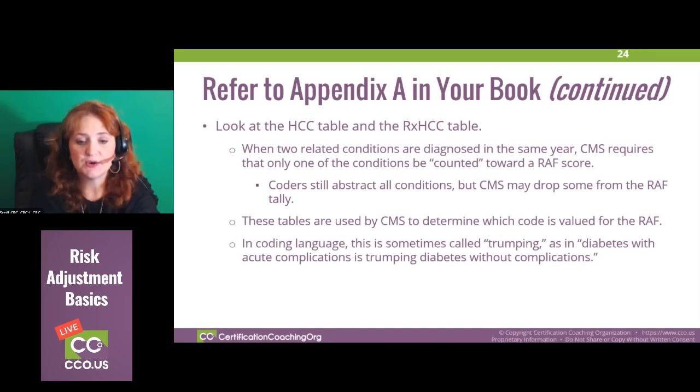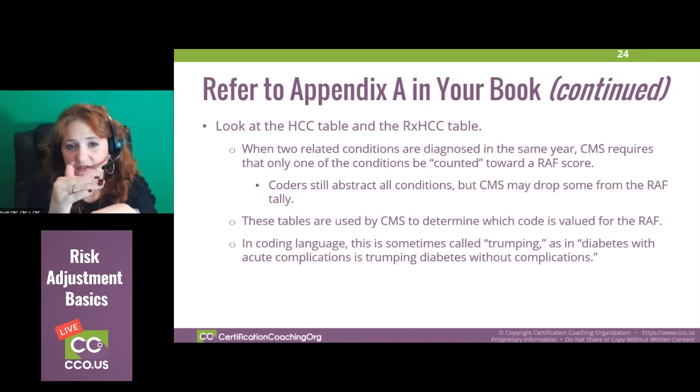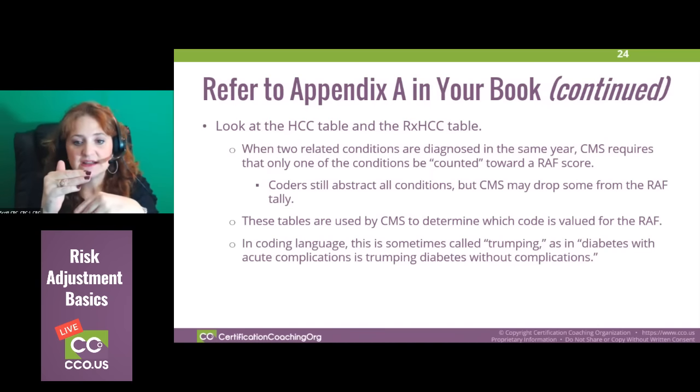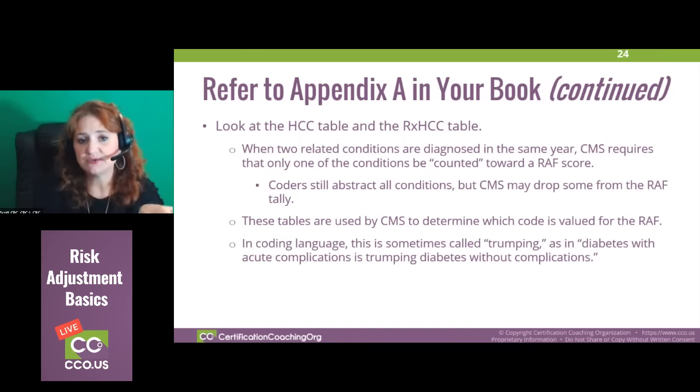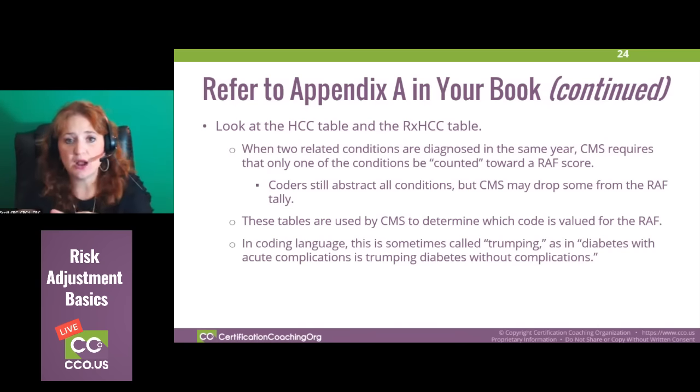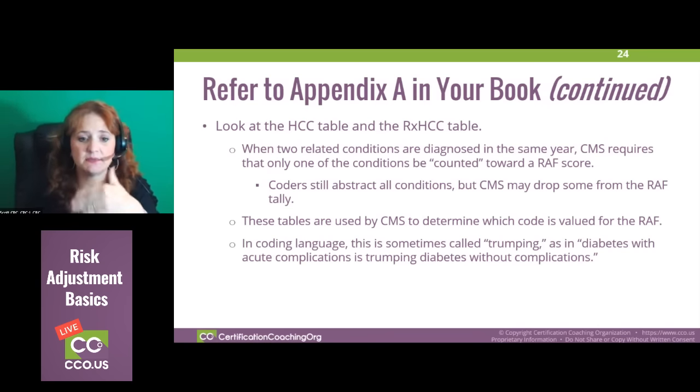Okay, so it's the highest level. And that's the same thing it is with trumping with risk adjustment. We use that term to say that a patient with diabetes is trumped by a patient with diabetes and complications, acute complications or comorbidities, right?